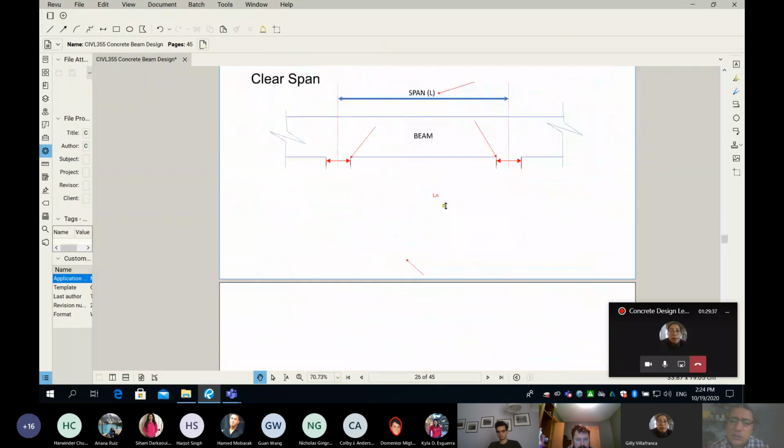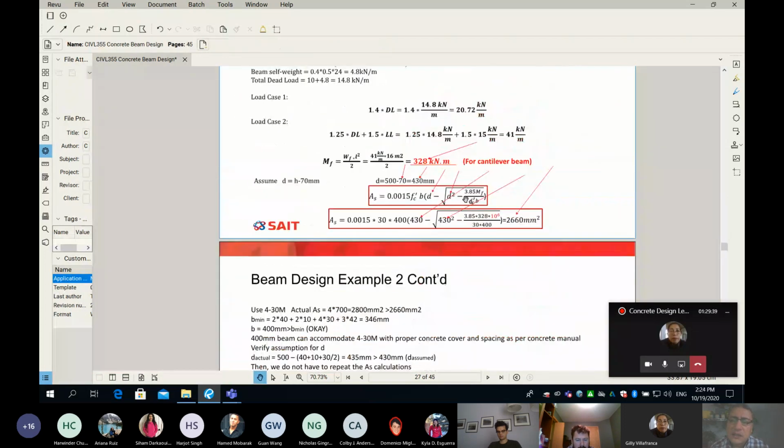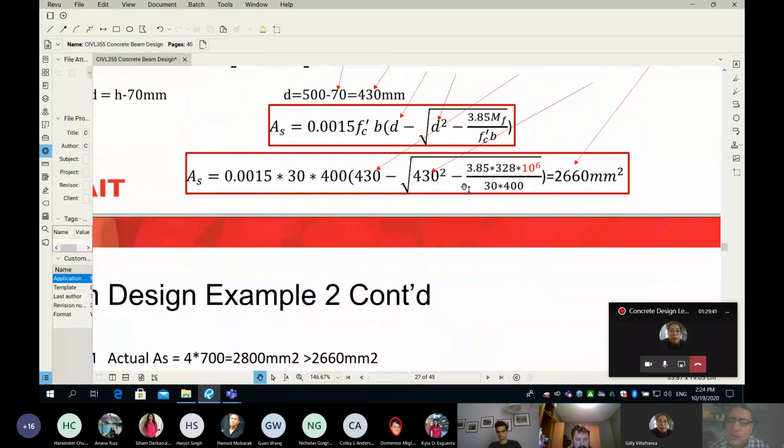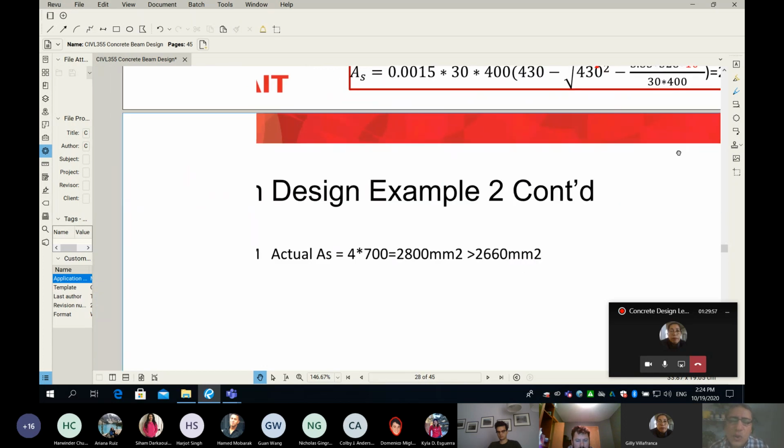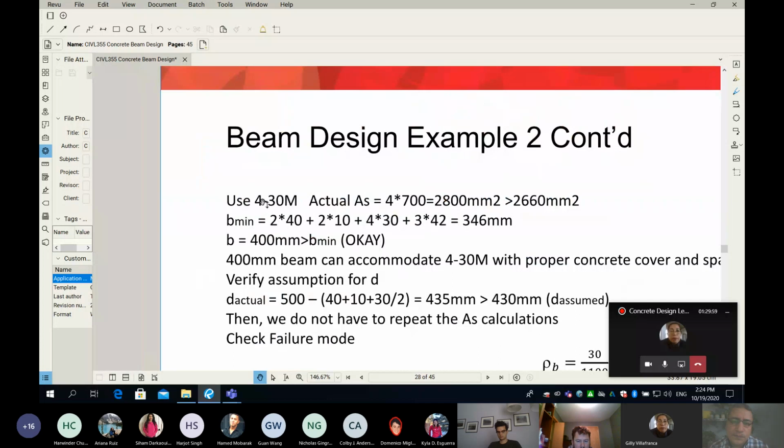You divide the 2660 by the bar area. If I tell you use 30M, we know from the chart that every 30M has 700 mm squared of steel. So all you have to do is divide this by 700, you get 3 point something, and that's where I said, use 4.